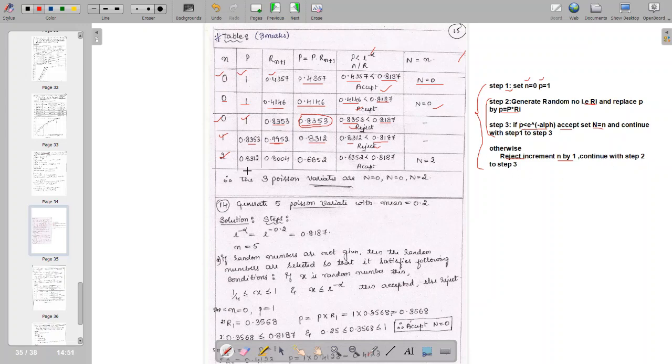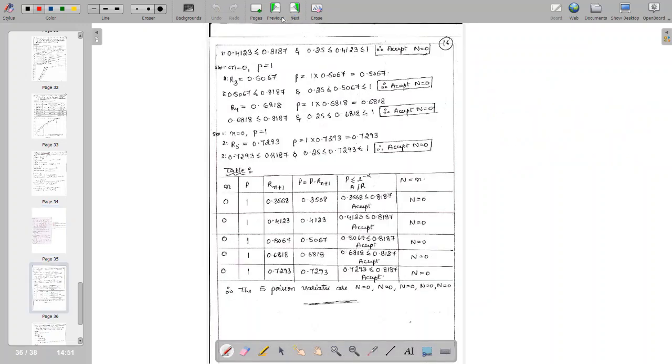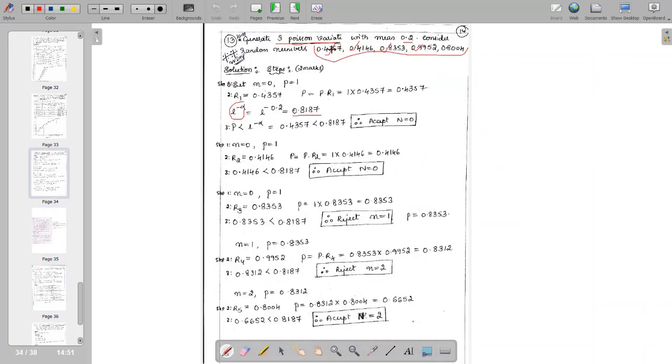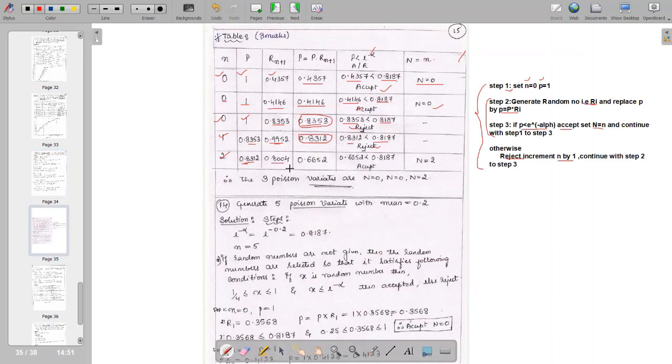Now this p value is taken from the previous p value, 0.8312. Generate next random number. Second step says the next random number is 0.8004. Now multiply 0.8004 with 0.8312, we will get 0.6652. 0.6652 is less than 0.8187?